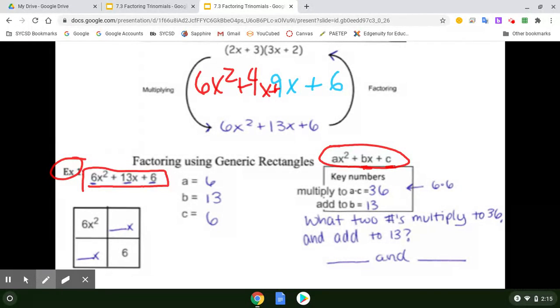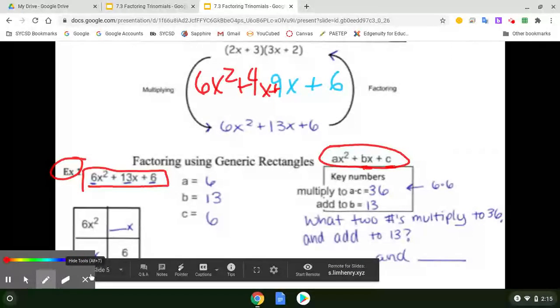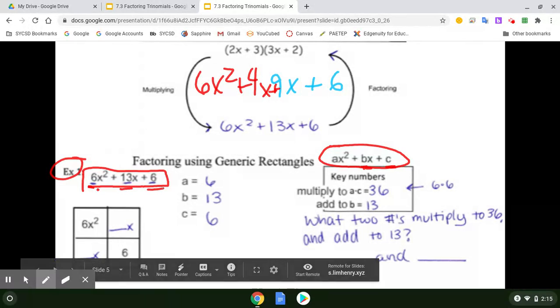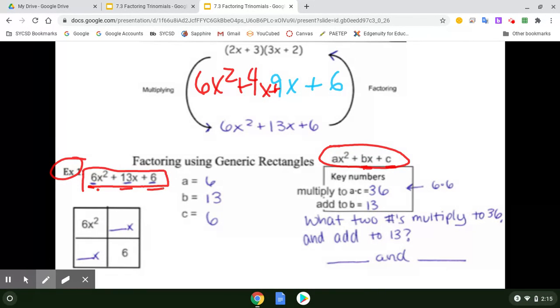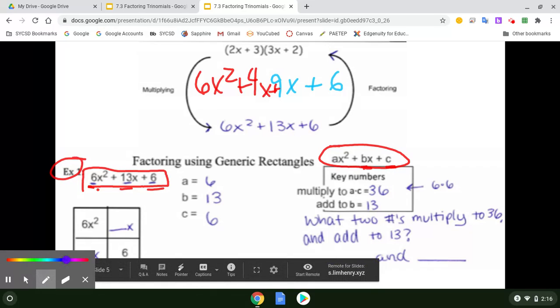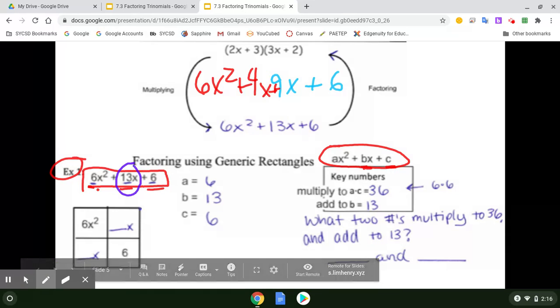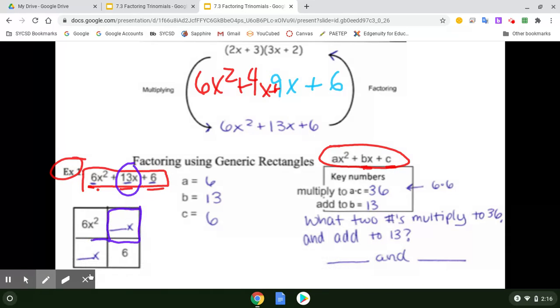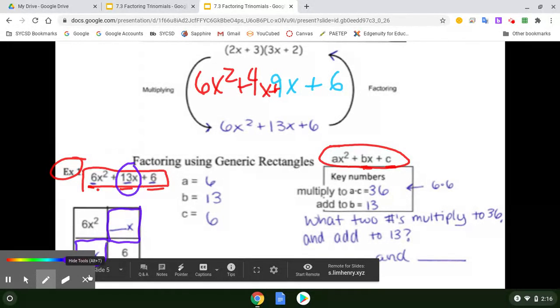So in example 1, a is 6, b is 13, and c is 6. The reason we identify these is we're trying to find the two key numbers, aka how we are breaking apart this 13x to fill in the rest of our rectangle. And that helps us determine what the side lengths are.